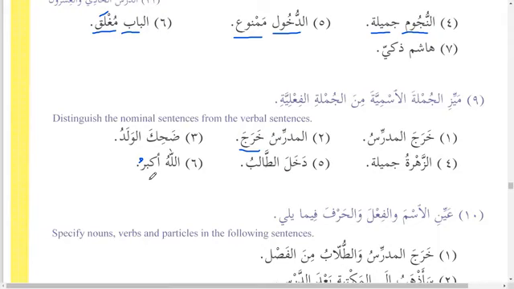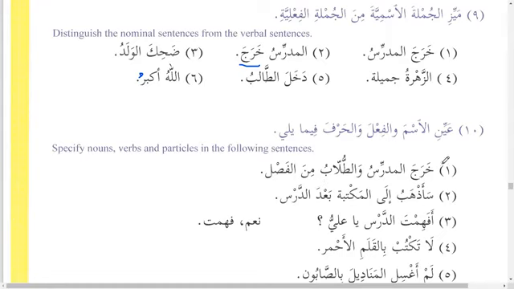If you remember, we have learned about afalu tafdeel, when we want to compare between two, after that we put min. But if we don't put min after that, then it gives the meaning of the superlative. Since there is nothing after it, it cannot be comparative. So Allahu Akbaru, the translation will be: Allah is the greatest.